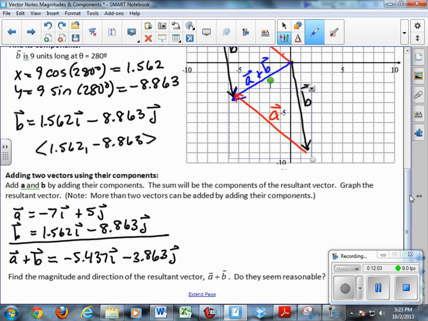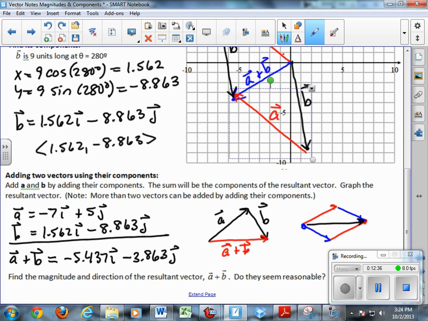If I'm adding one vector to another vector, I have to position them like this, and the result, the sum A plus B, will go from the tail of one to the tip of the other. Secondly, if I have two vectors and I create a parallelogram with them, like so, if I start at the point where their tails are together, the sum of the two vectors is just the diagonal of the parallelogram.